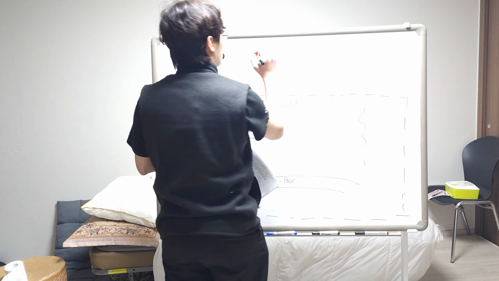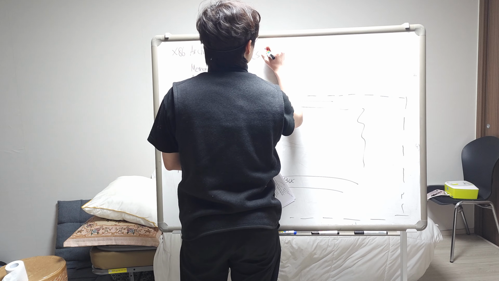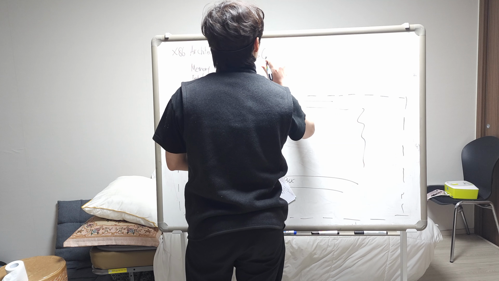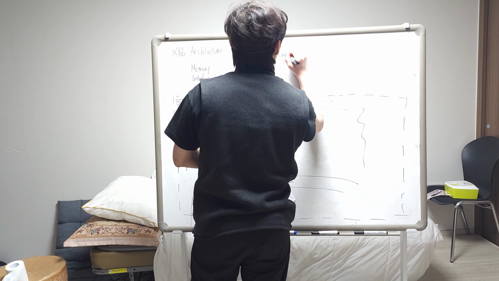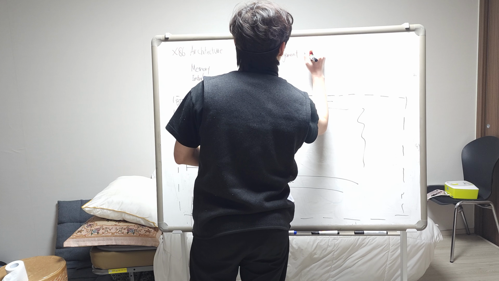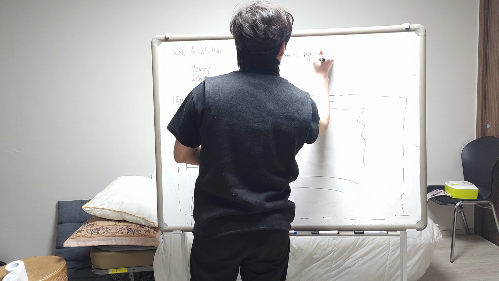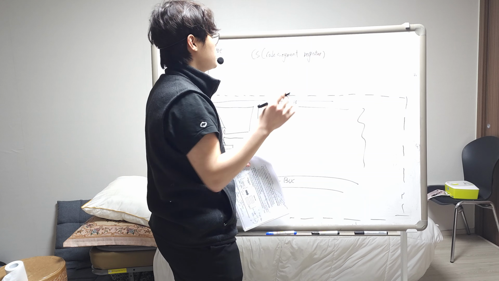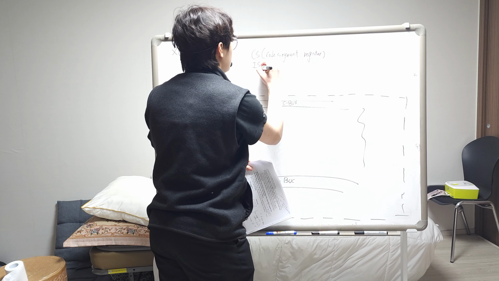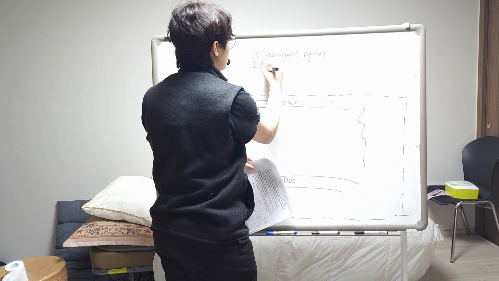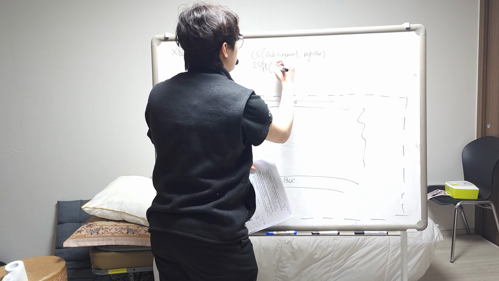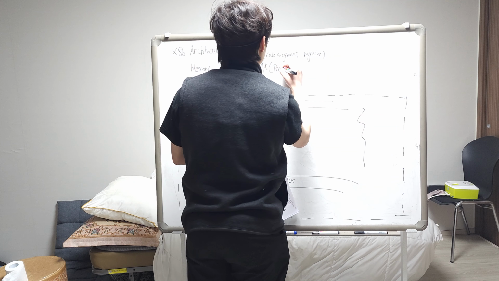As you also know, we are using CS as the code segment register, and there are other things: IP, the program counter.